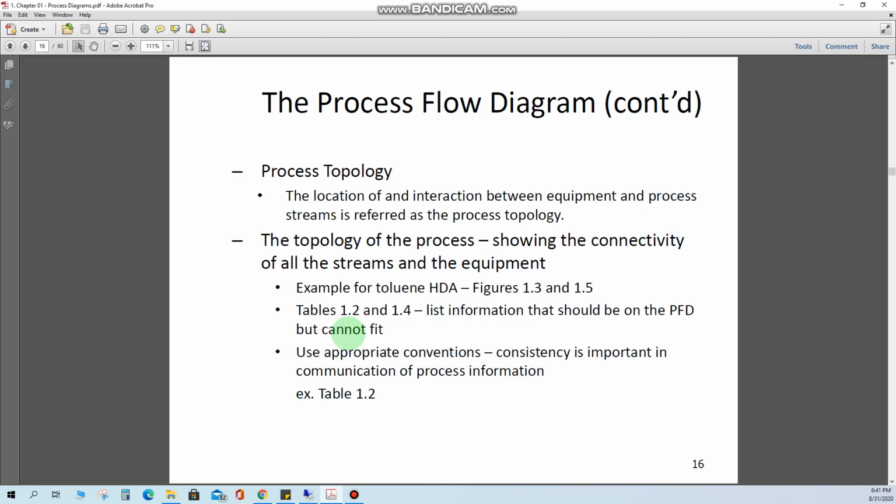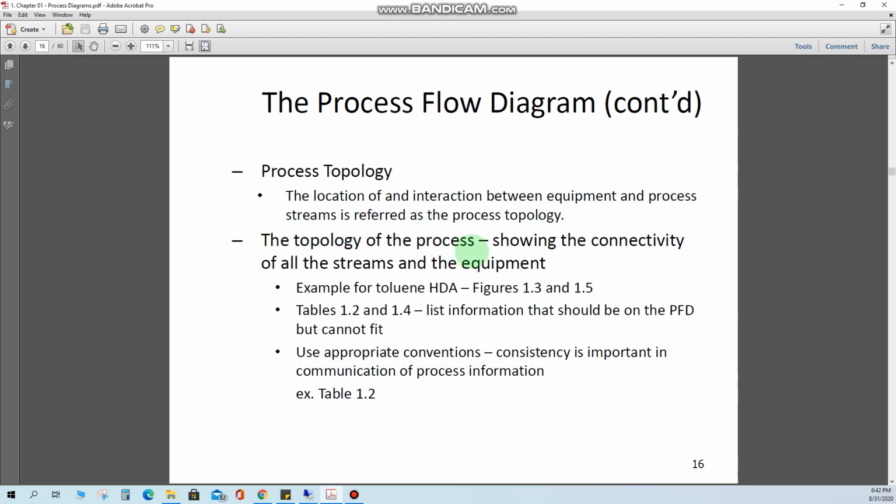Now let's see what process topology is. The location of and interaction between equipment and process streams is referred to as process topology. So it gives you the flow sheet, or a diagram in which you can have information on the equipment, how they are placed in the plant, and how different process streams are connected with those units.